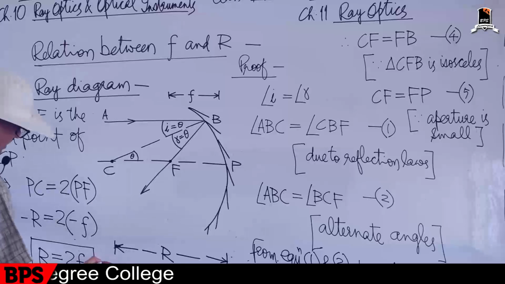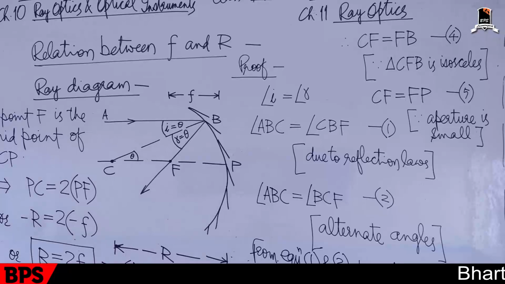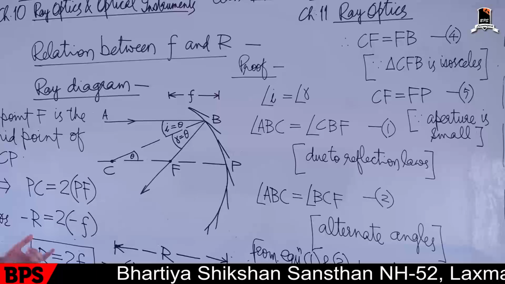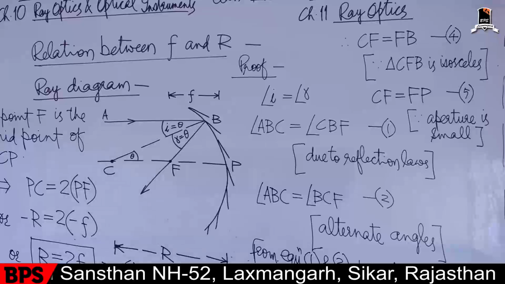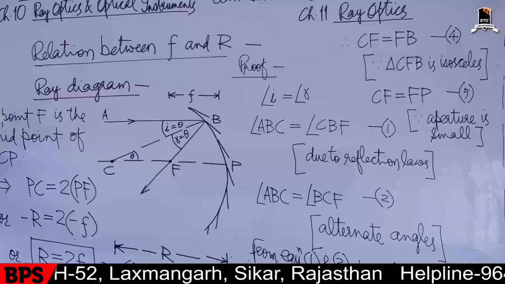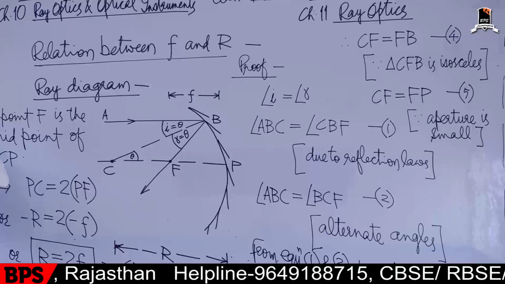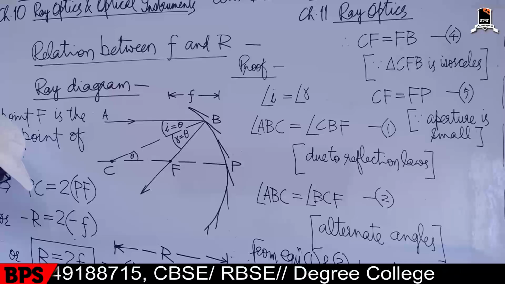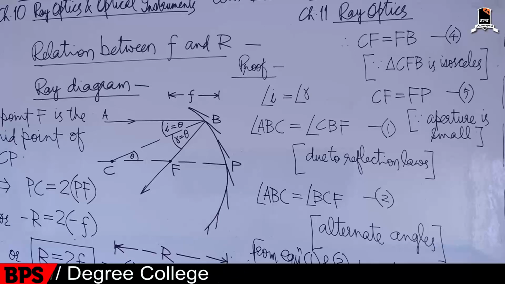This is the relation between radius of curvature and focal length of any spherical mirror. You can also write it as F equal to R by 2. This is the sixth equation.